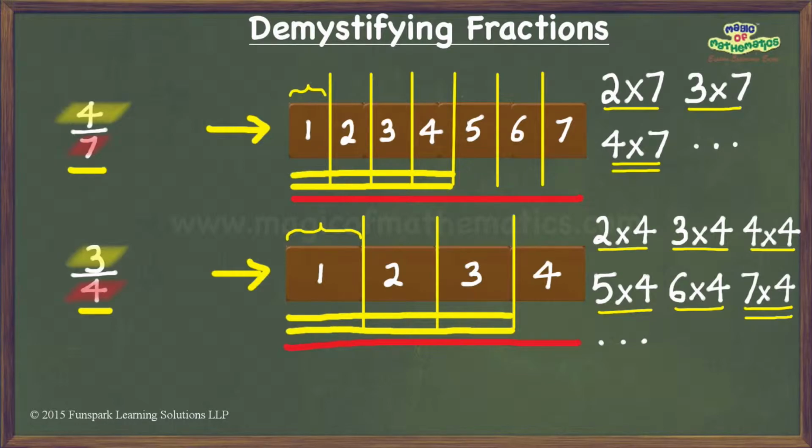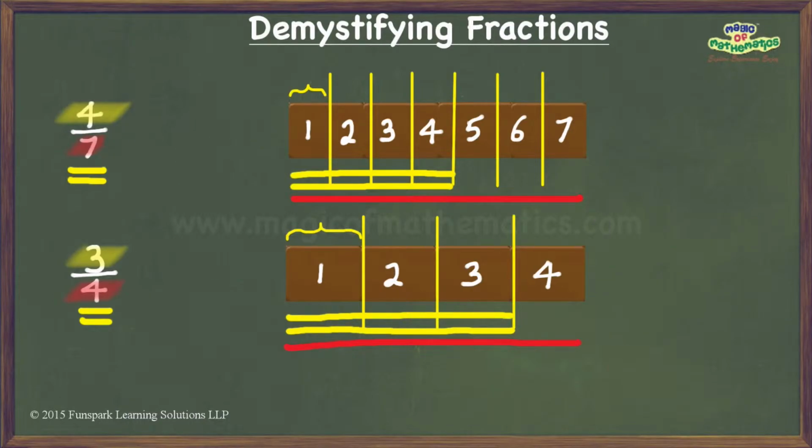It is clear that 4 times 7, which is equal to 7 times 4, is a common multiple of the denominators 7 and 4 of our two fractions, namely 4 by 7 and 3 by 4. In fact, 4 times 7 or 7 times 4 is the LCM of the two denominators.